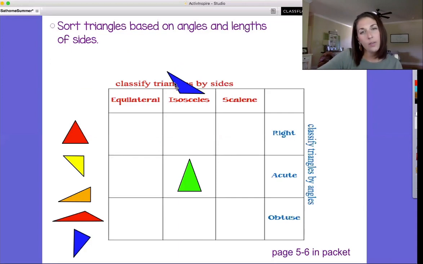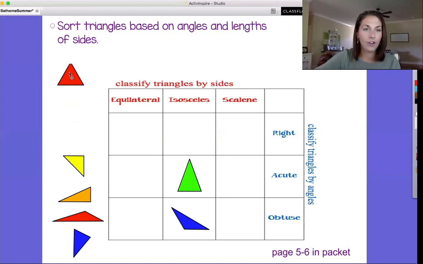But I look at those angles, I see an acute angle and I see an acute angle, but do I see all 3 acute angles? No, right here, I see an obtuse angle. So an obtuse angle, if it has only one, means it's going to be classified as an obtuse triangle. So let's keep going. Right now, all of ours have been isosceles so far. Let's look at this one.